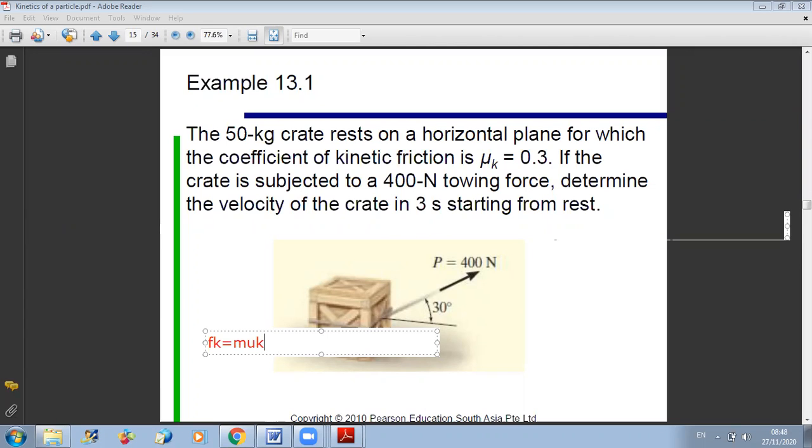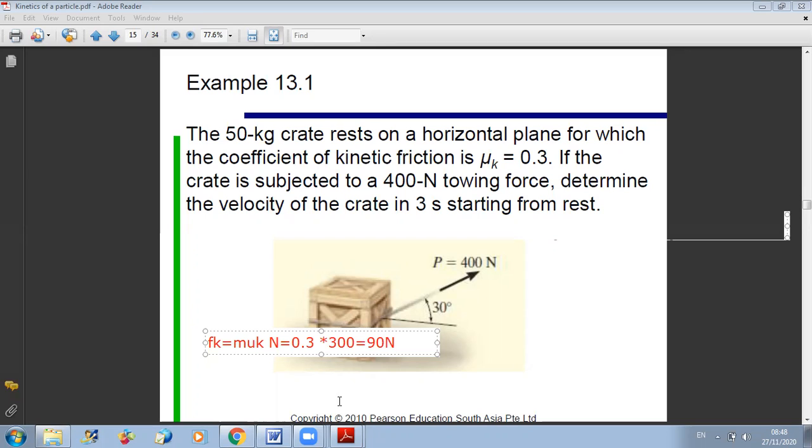Static friction can vary from 0 to mu s N. However, kinetic friction is always equal to mu k times N. And the value of N we have already found; it will not change. So it's equal to 0.3 times N, which is 300. So it's equal to 90 Newton. This is the friction force.